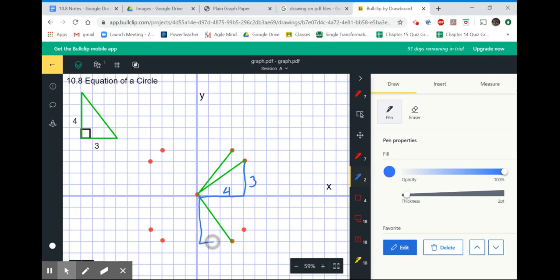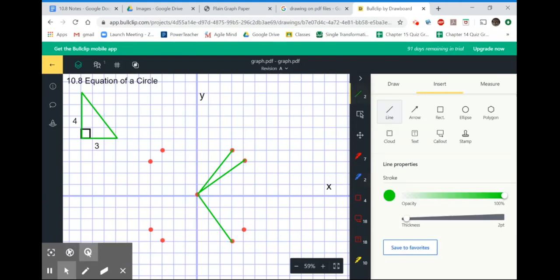Here, this way I can go 4 down, 3 over. Okay, and by this time, you guys should all know that this is a 3, 4, 5 right triangle. It is a Pythagorean triplet, the 3, 4, 5 triangle, or the Pythagorean triple.